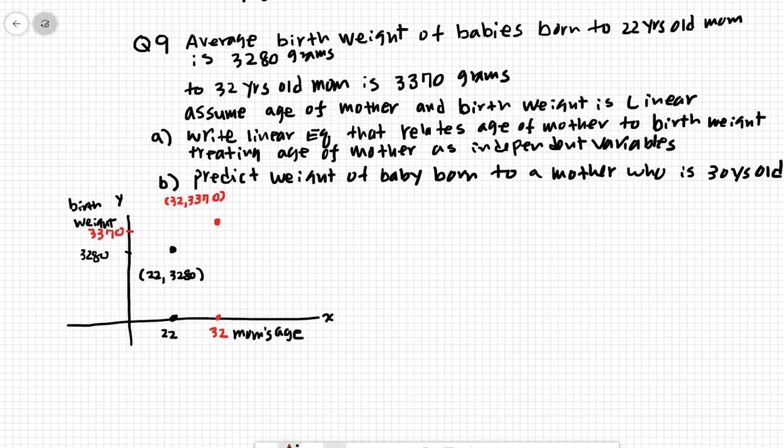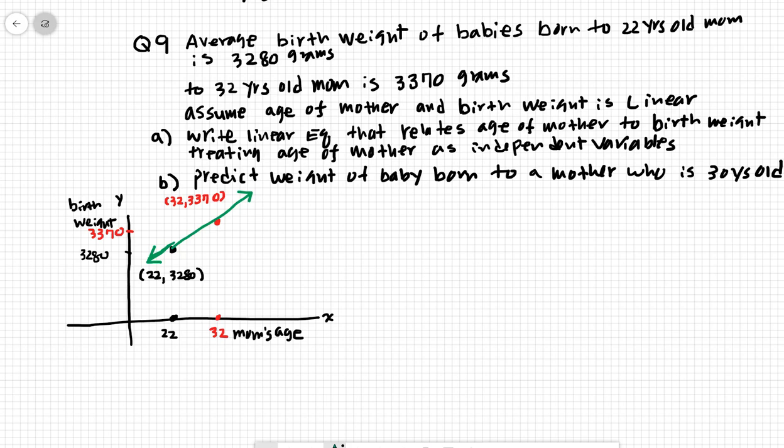If I connect these two dots, that's going to be my graph that represents the relationship of mom's age and the baby's weight. So we need to come up with the equation for this.